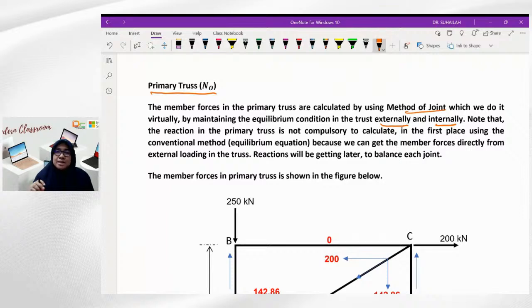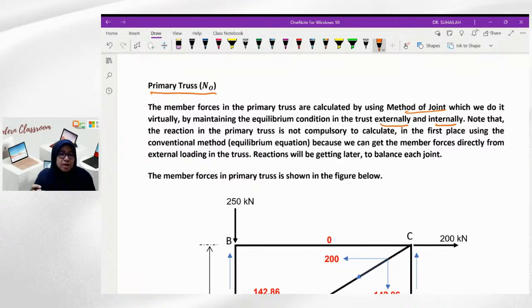And then for the internal system, we also have to maintain equilibrium by maintaining joint equilibrium. Joint equilibrium means at each joint we have to make sure that it is balanced, balance in X direction, balance in Y direction.